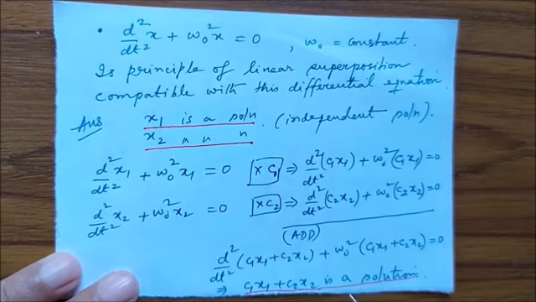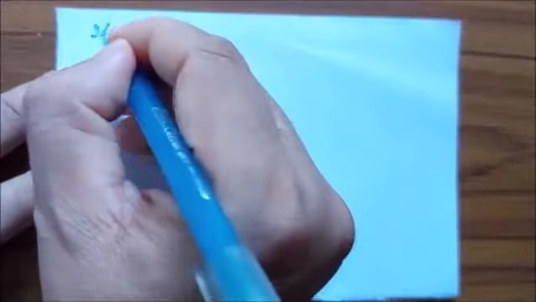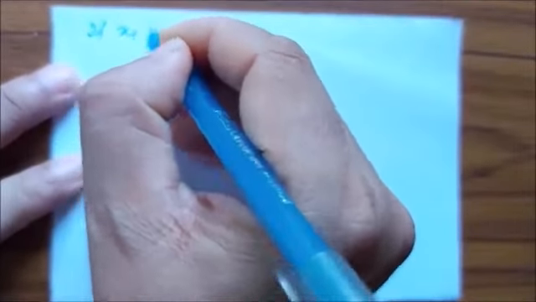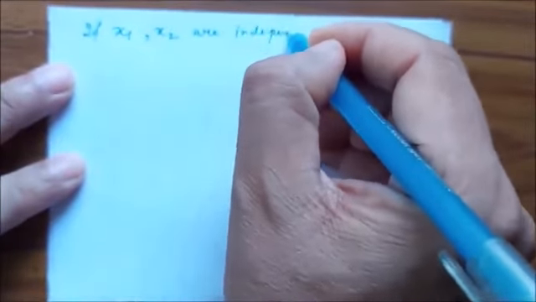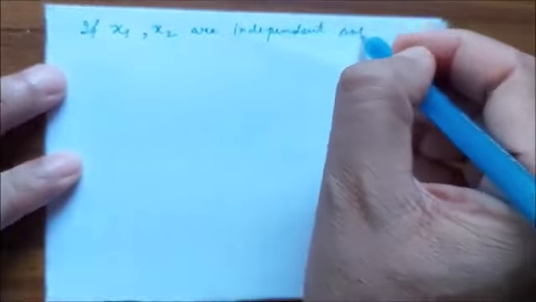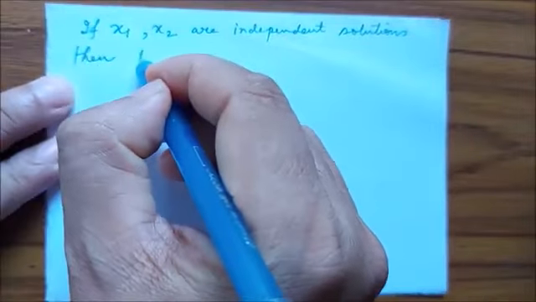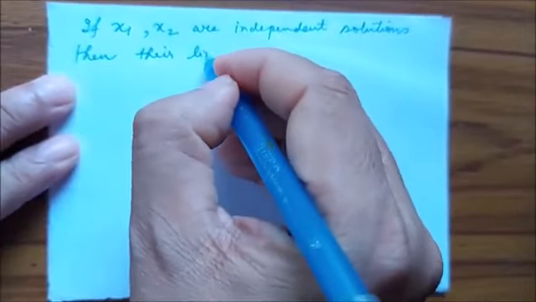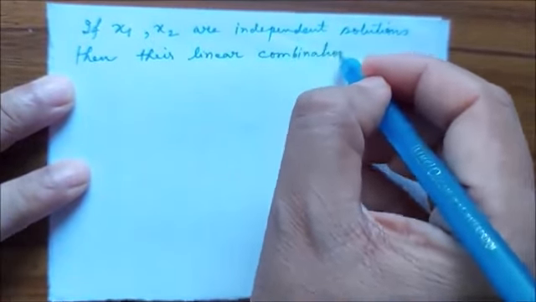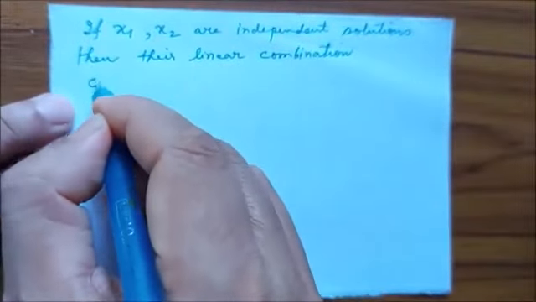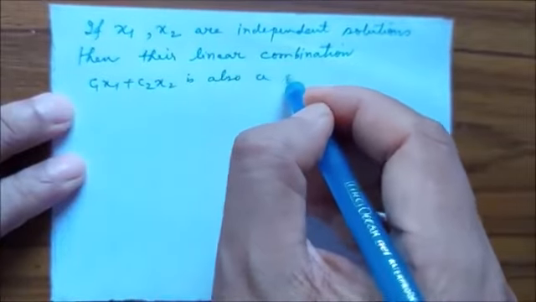And this is nothing but the principle of linear superposition. So let us write it down. If x1, x2 are independent solutions, then their linear combination is also a solution.